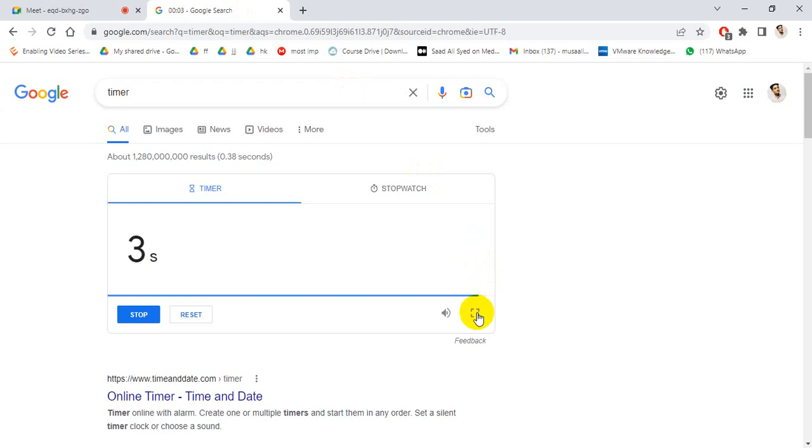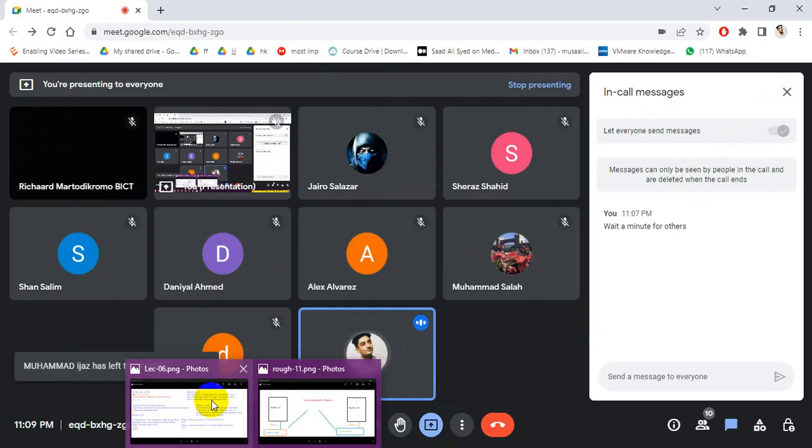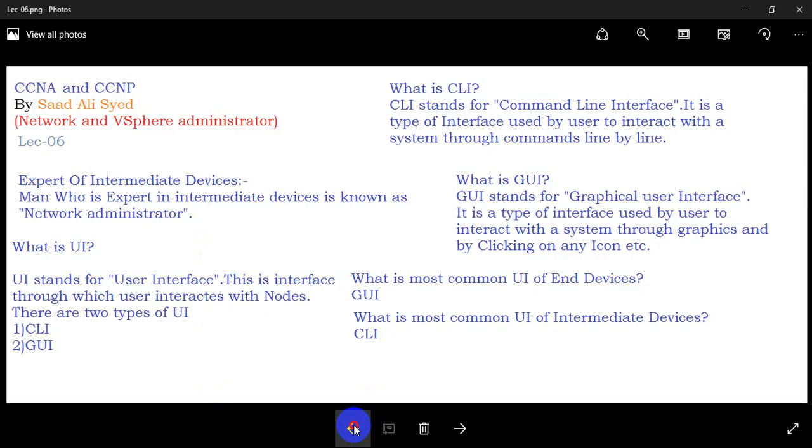Now let's start. Okay, welcome all members, and my screen is shared now. And let's start from where we left yesterday. Let me allow the member.